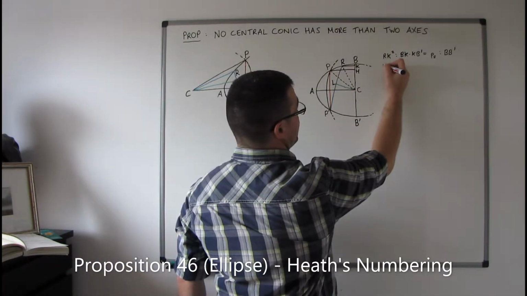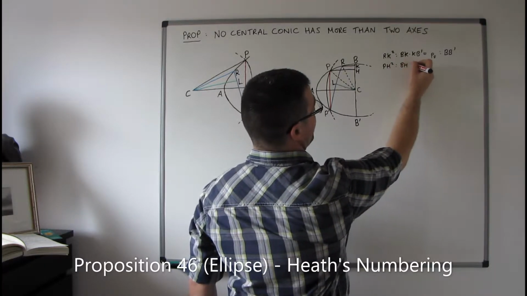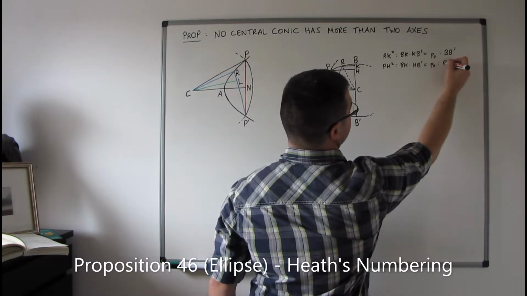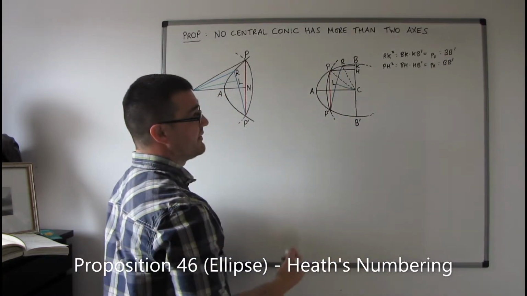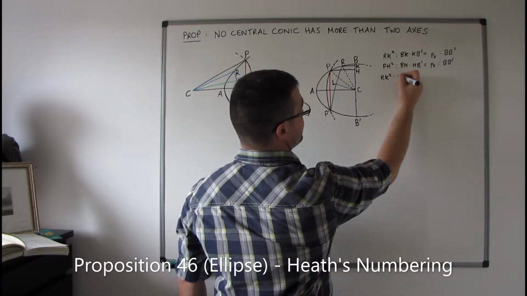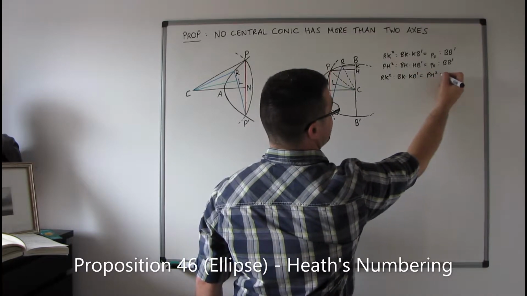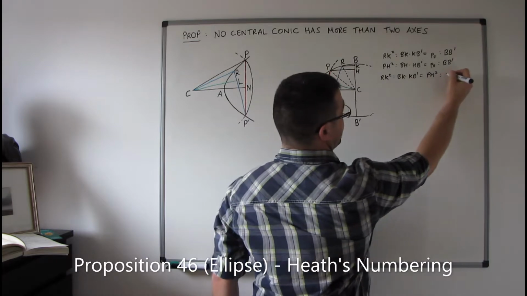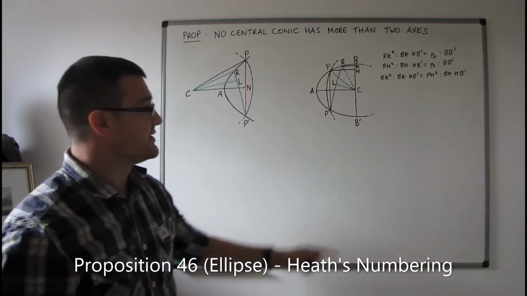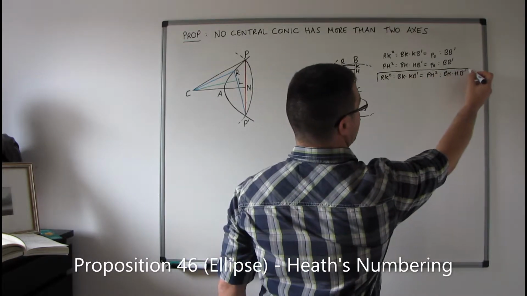Similarly, we've got that PH squared ratio BH times HB primed is equal to the same ratio, and therefore RK squared to BK times KB primed is equal to PH squared ratio BH times HB primed. This is going to be something that we're going to use later on. So I'll just make a note of that.